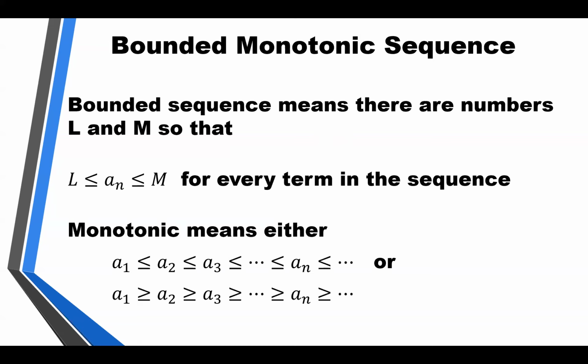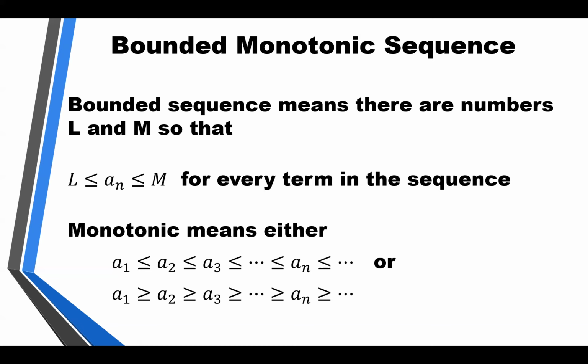So it's bounded by L and M if every term never gets below L and every term never gets above M. So if it's bounded, then the sequence is in between two different y values on the graph.